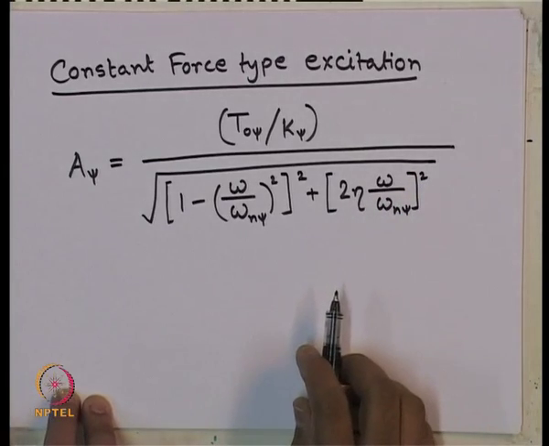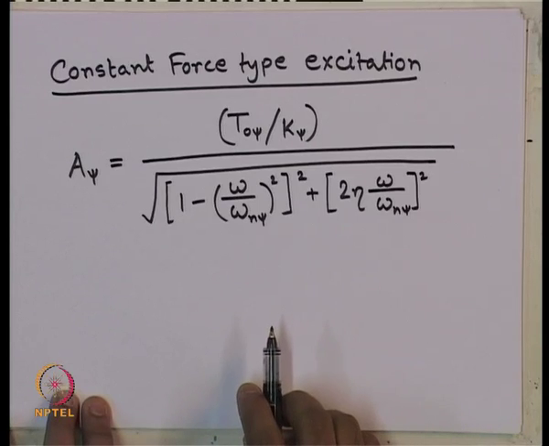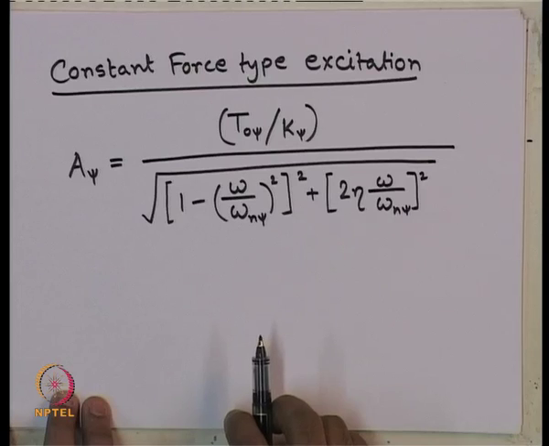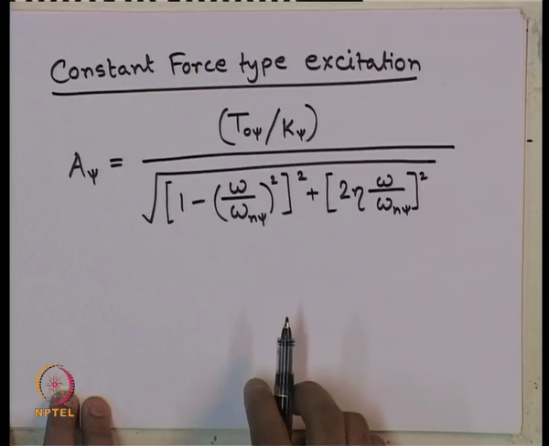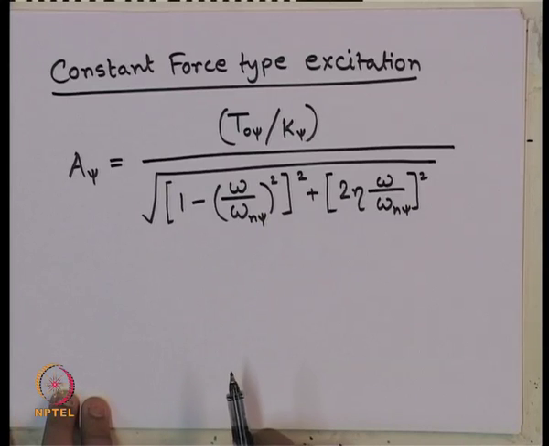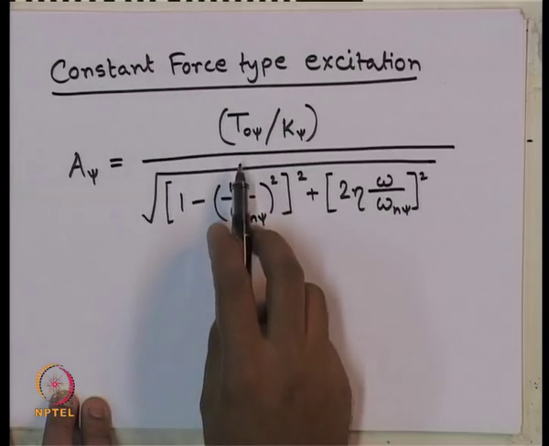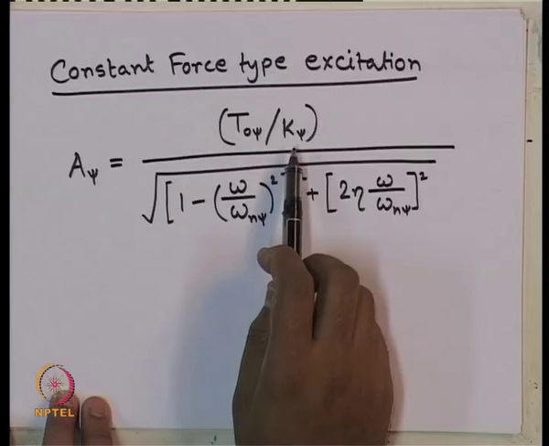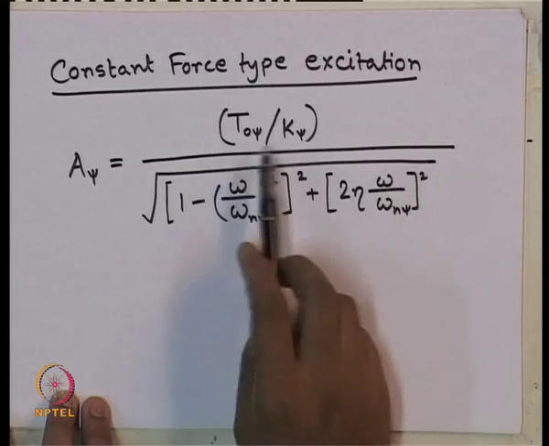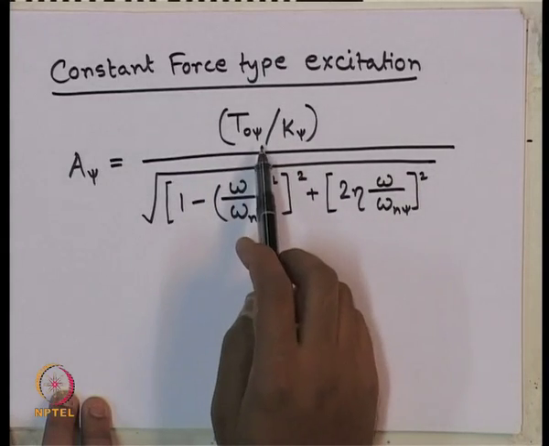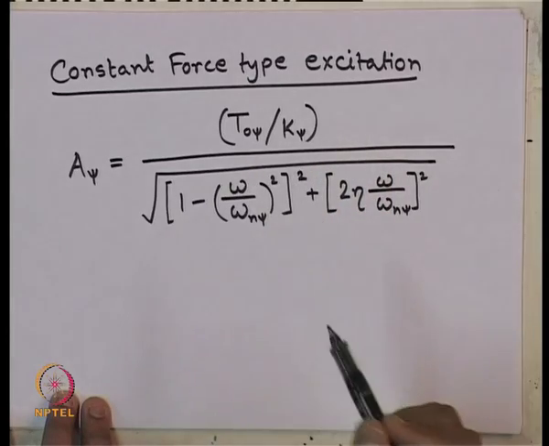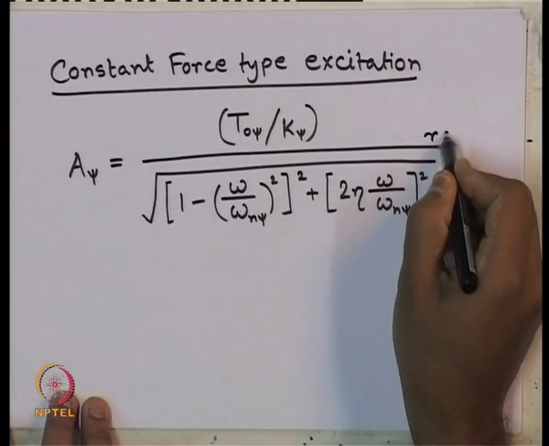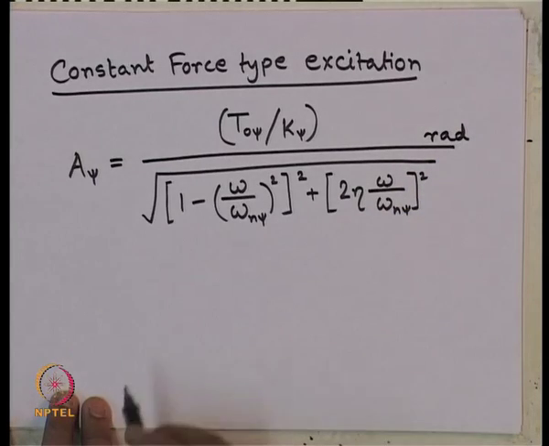So, this is the expression as we had obtained earlier also in our module 2, that is vibration theory. The expression for displacement amplitude remains similar, only the type of forces etcetera changes. And in this case, this is moment by the rotational spring constant. So, whatever value we get will be guided by this expression. Here it will come in which unit? Radian, because it is a rotational displacement amplitude.